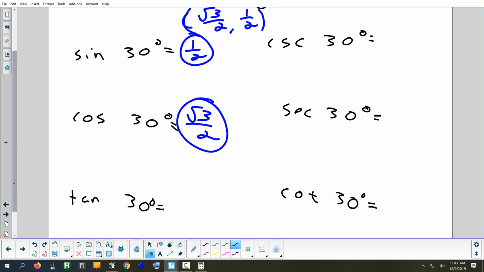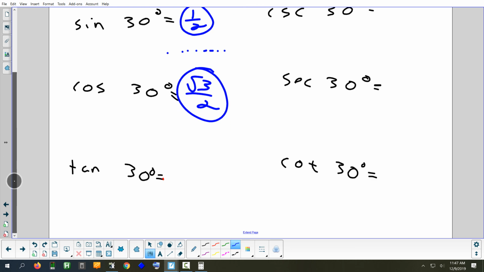I'm going to divide the y by the x. 1/2 divided by root 3 over 2. Now, if I divide these two fractions, just imagine putting a division line right there. What would cancel out right away? The 2's. So I would have this, and then I would fix it to that.